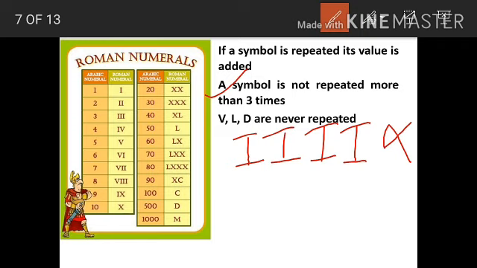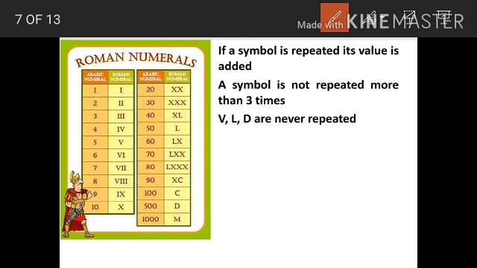Now, what about the next rule? It says that the letters V, L, D are never repeated. V is for 5, L for 50 and D for 500, and these are never repeated. So, can we write VV?